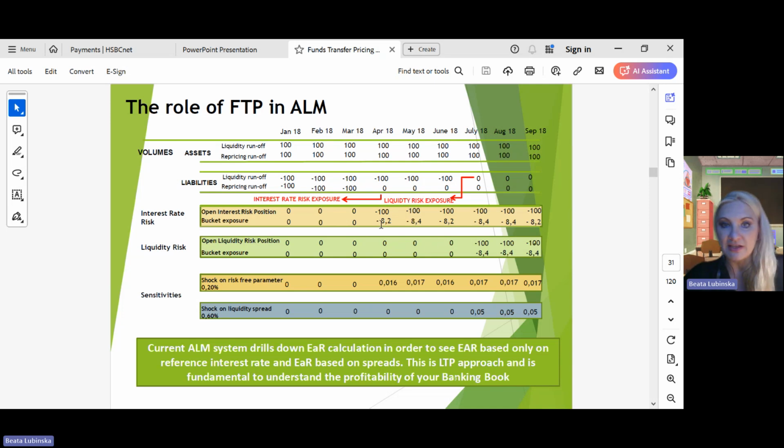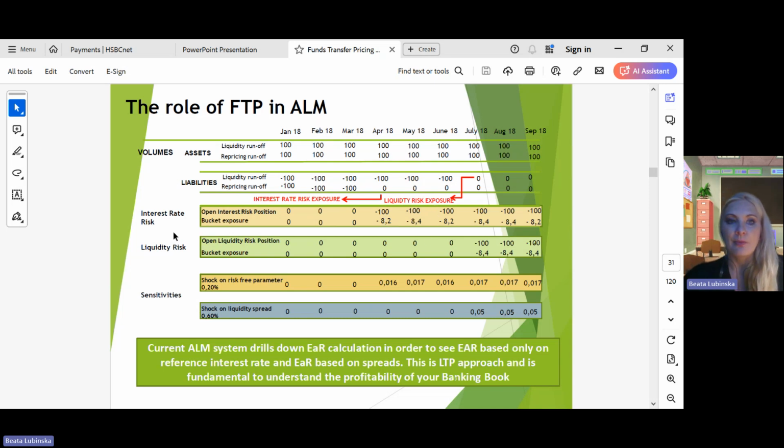You will see that bucket exposure is different for each time bucket, except those here. It's driven by the different length of the time bucket. So how many days it is, 31 or 30 days. Each time bucket is how long is it.